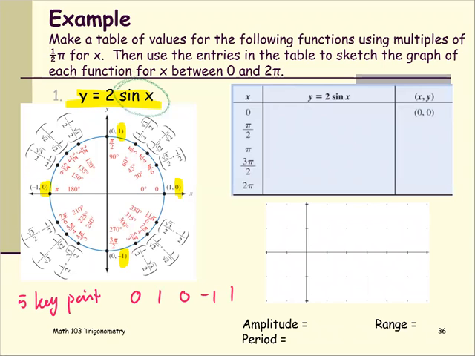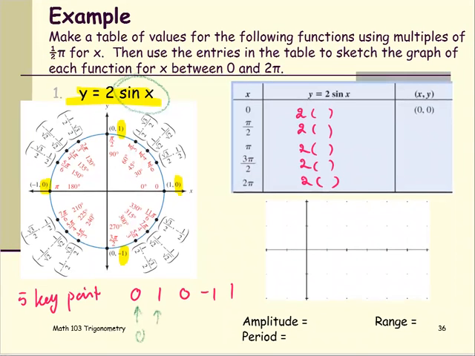To compute it, we multiply 2 by the value of each of the 5 key points. The first is at angle 0, the next is at angle pi over 2, the next is at angle pi, the next is 3 pi over 2, and the last is at 2 pi.